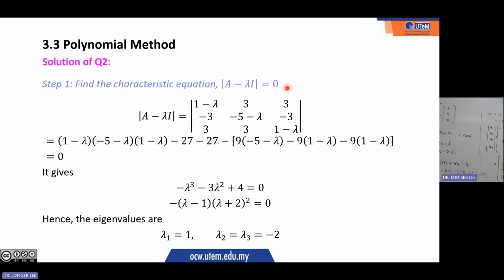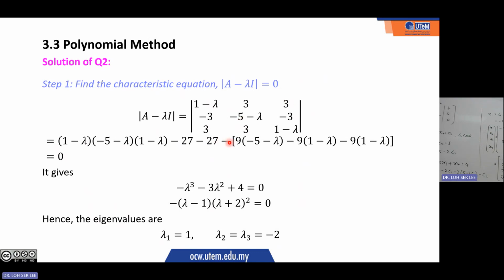Now we want to find the determinant and we let it be 0. It's not that you find it and then at the end you get 0. We let this be 0. From here you can apply the shortcut. Multiply the 3 entries along each direction, you get this.